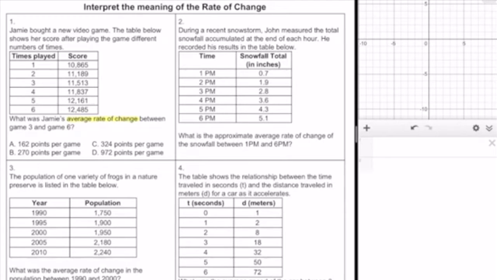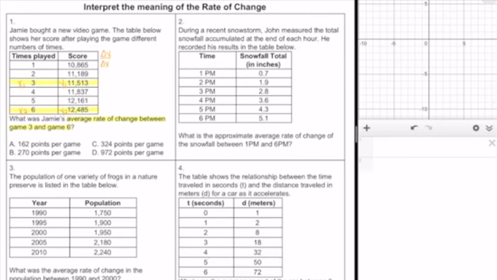Remember that we are looking for the change in y over the change in x, between game 3 and game 6. For game 3 and game 6, those are the two x and y points that we're going to be looking at. If we call these x1, y1, and x2, y2, then we can use our formula to find the rate of change.